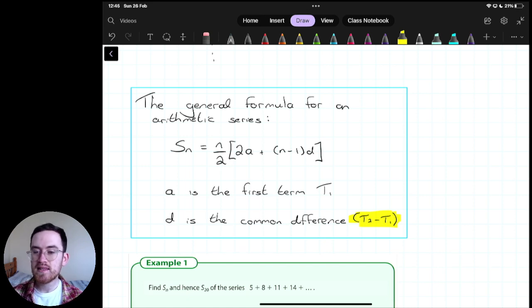A lot of the time this comes up in terms of moving from a sequence and then adding them up. So you will generally already have the values of a and d, but just be careful that d is the difference between the terms themselves, not the sums, not the series. So it's the difference between T2 and T1, or T3 and T4, not S2 and S1. So just be careful of that.